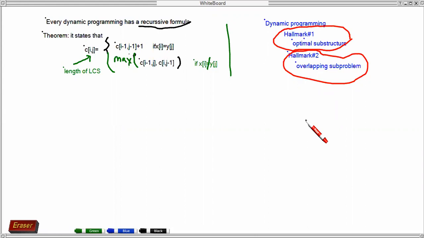Let us discuss an example of LCS using a memoization table. I have already given the concepts of what memoization is.